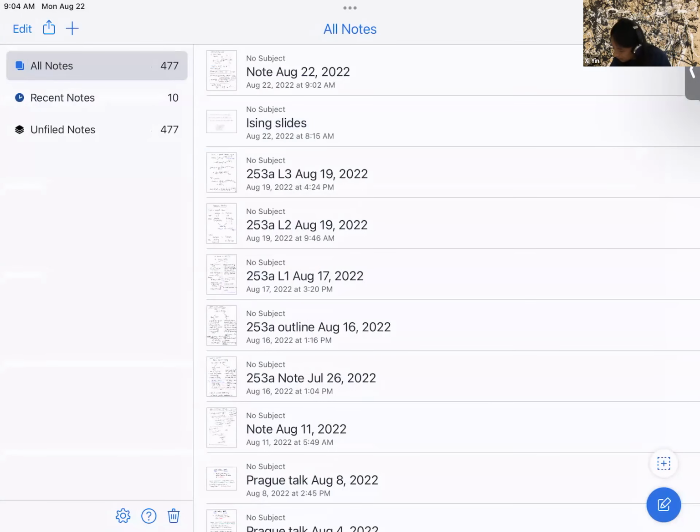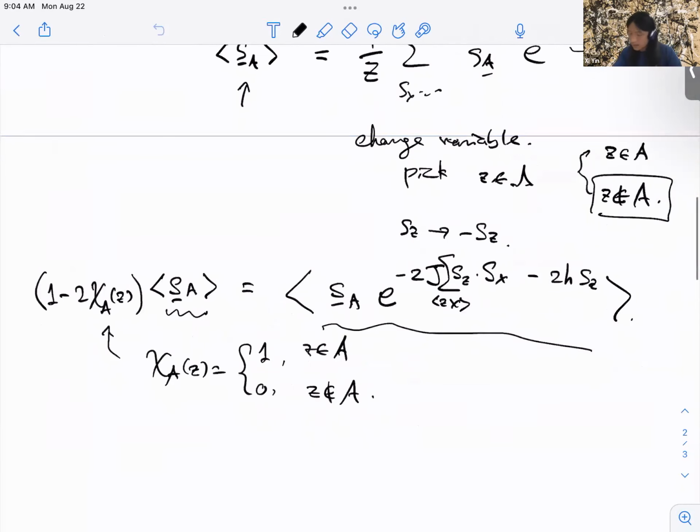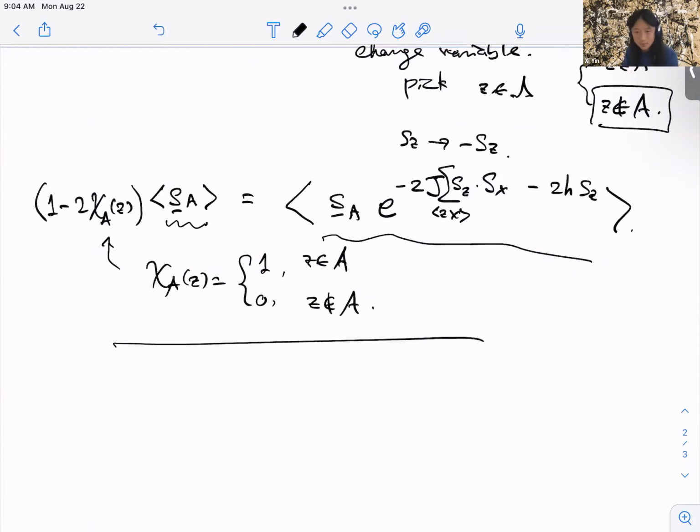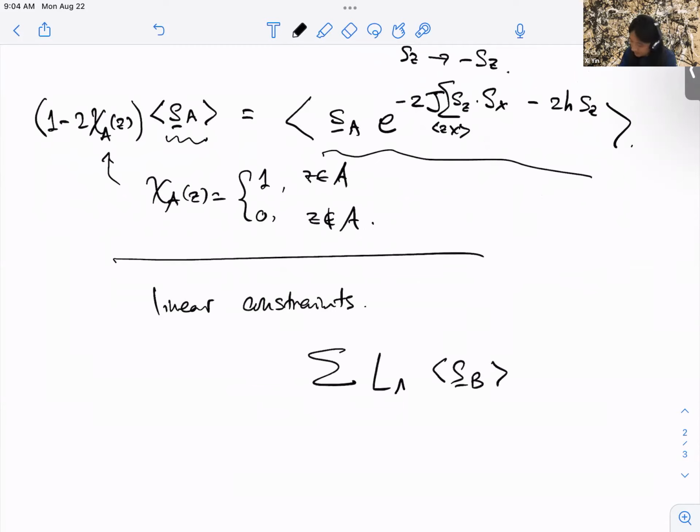So now let me come to the positivity condition. Oh, I should say one thing. Let me make a few comments about these spin flip identities. The point is that these equations are linear. They are linear constraints that can be written in the general form of a sum over B of some coefficients A_B.